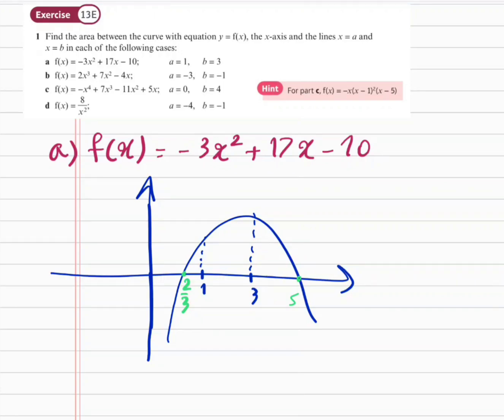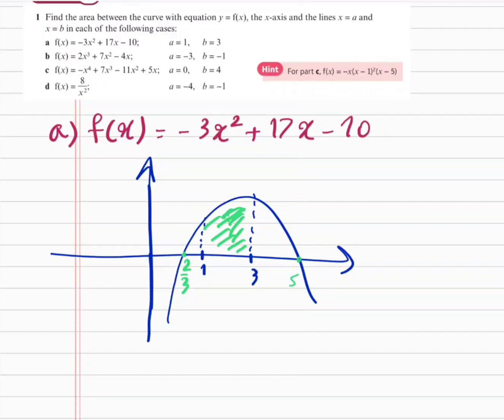And yes, so we want to integrate this region between 1 and 3, the x-axis and the curve. So we want to integrate here and find the area of this region. If you remember in GCSE, in questions like this, you either used to count the number of squares or try to divide the shape into a regular shape and then find the area by using the formula. But now we are properly finding the area by integrating the function.